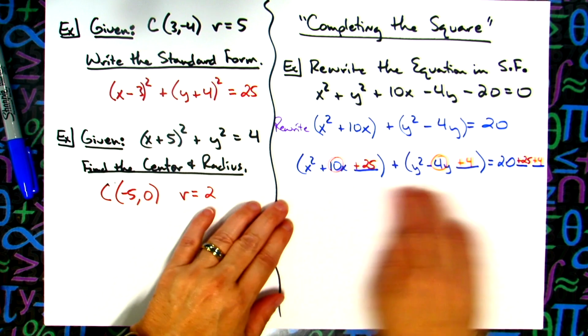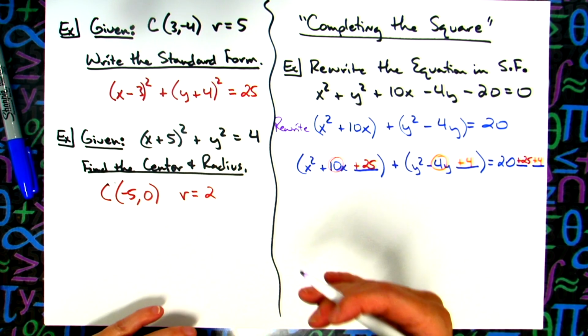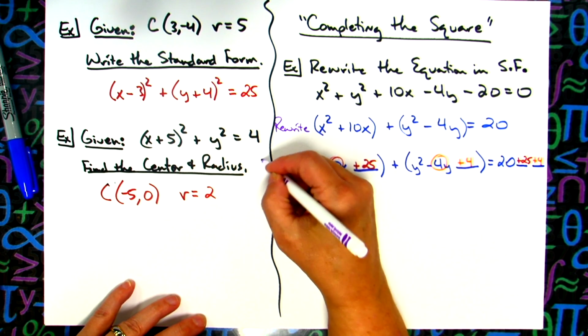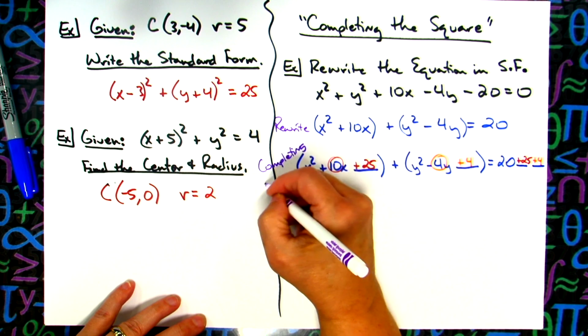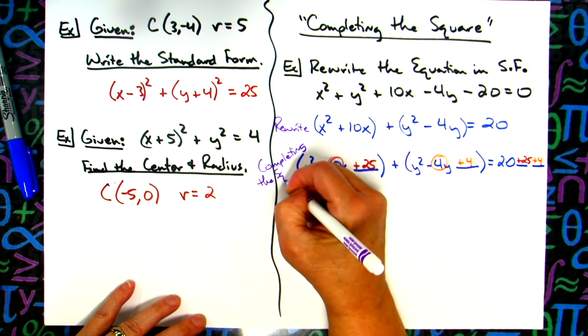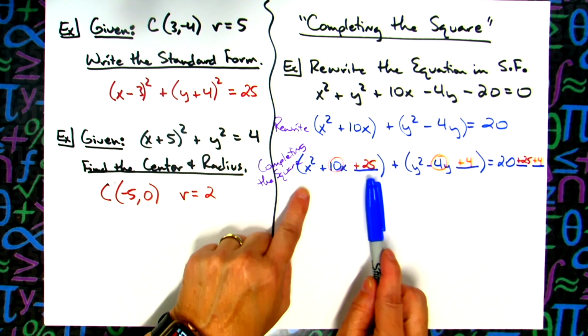Now that right there is completing the square. I completed the square because I created two perfect squares. That's what it means. That's why this process is called completing the square. Now I don't care how you do the next step or how you think about it.